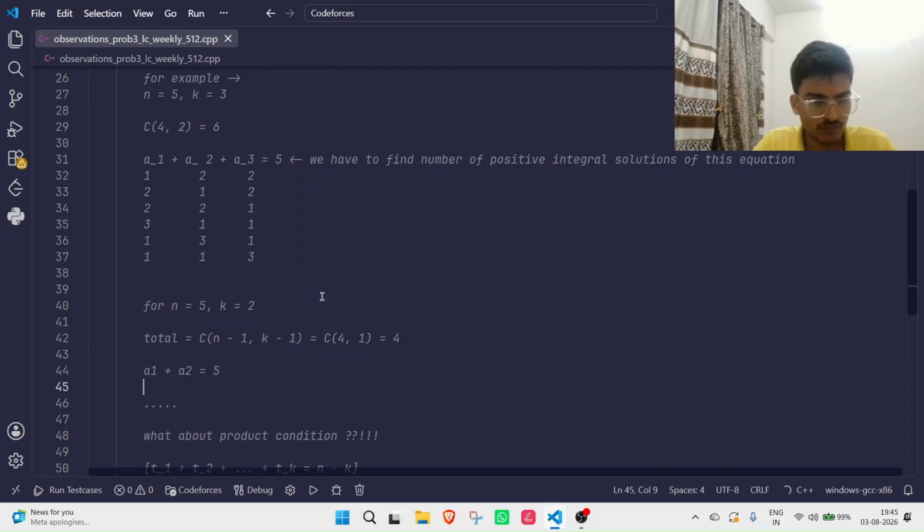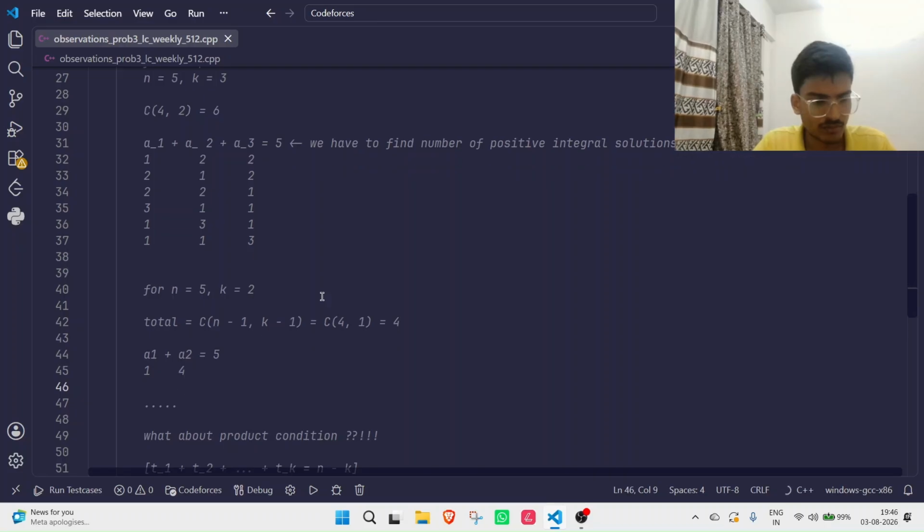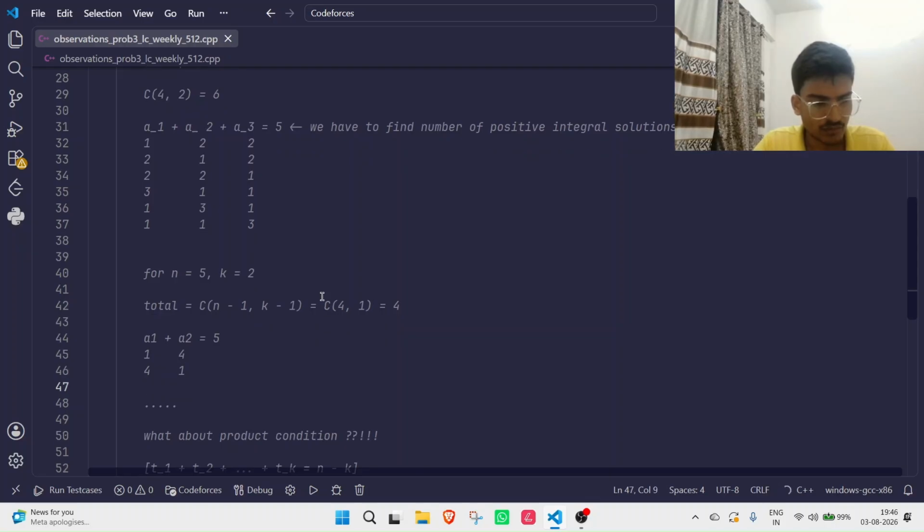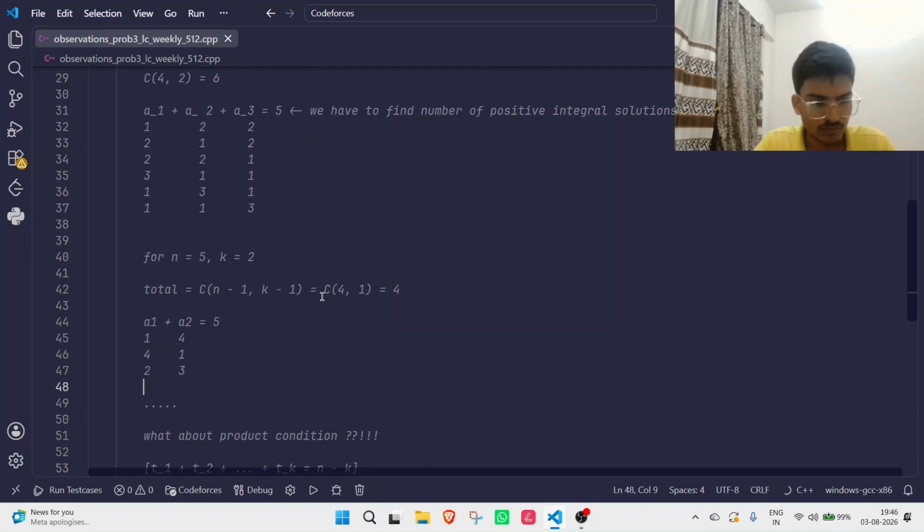You have 4 sections for it. How? One can be 1 and 4, it can be 4 and 1, 2 and 3, it can be 3 and 2. No more possibilities.